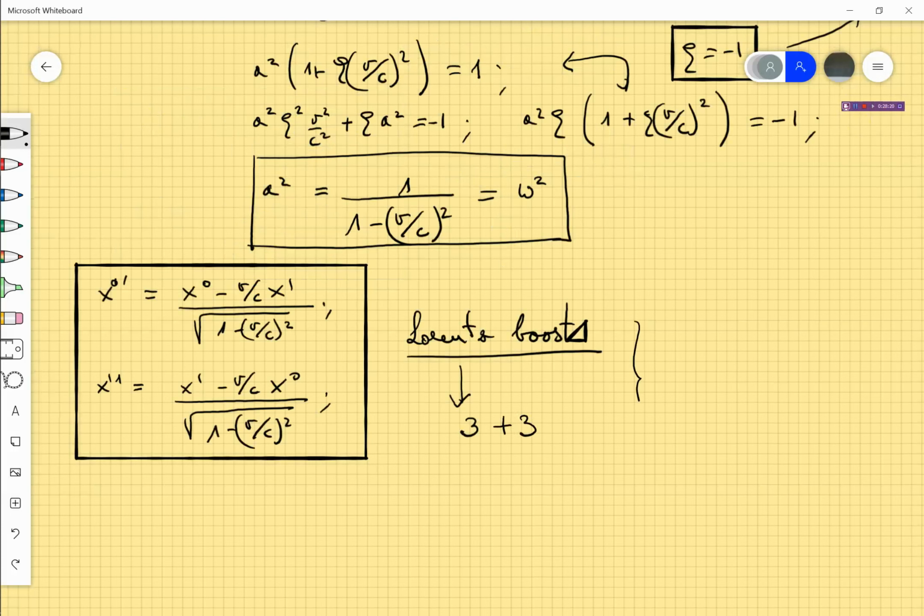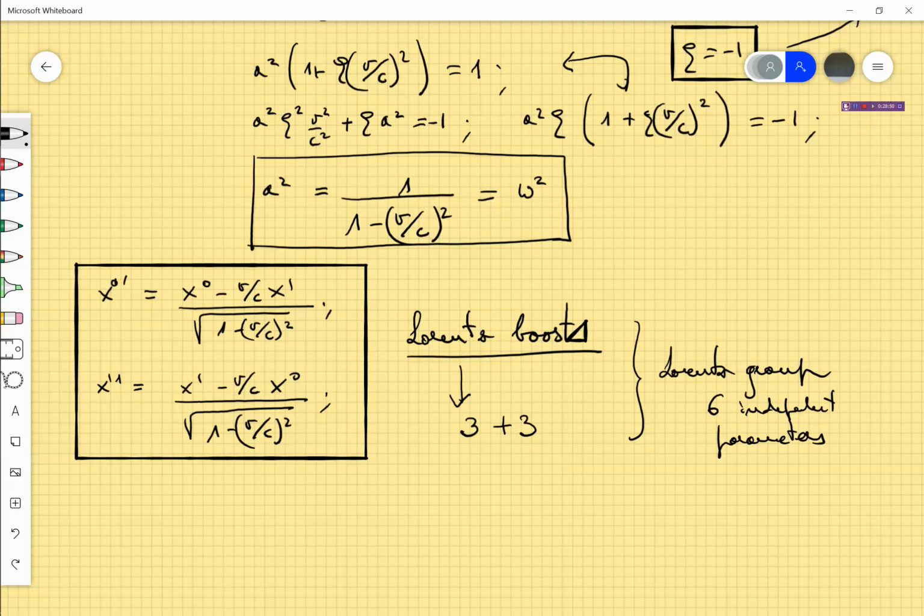So the Lorentz group is characterized by 6 independent parameters. You can also count them in this way. Here you have only one parameter, this v. But remember that we have performed 2 rotations, one on one of the systems and one on the other.